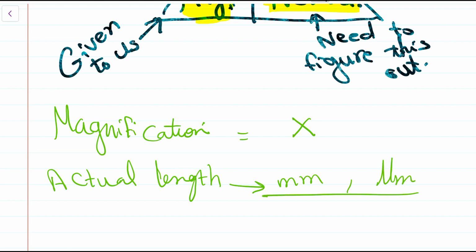This is in the new syllabus. And the key trick of these points: the observed length and the actual length should be in the same units. Don't forget this. So if you measure the observed length using the ruler in centimeter, your actual length after calculation will be in centimeter. If you measured it in centimeter, you have to convert into millimeter or micrometer, then the actual length will be in the same unit.